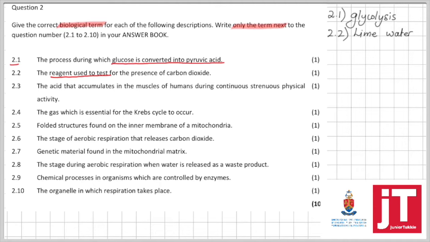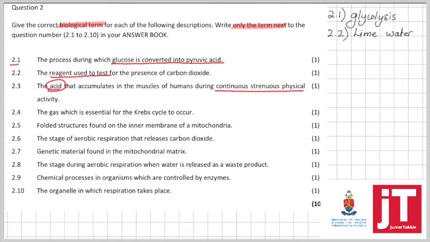Brilliant. Question 2.3. The acid that accumulates in the muscles of humans during continuous, strenuous physical activity. Now, I think in general terms, we think we know what this answer is, and that's lactic acid, because we've heard it used in many contexts.